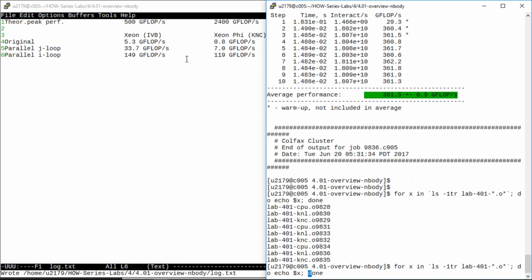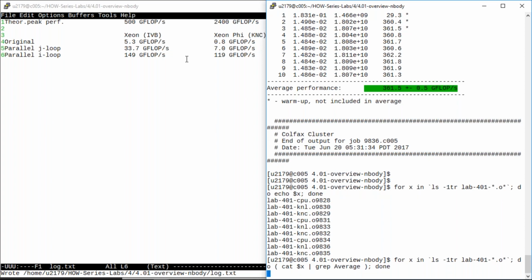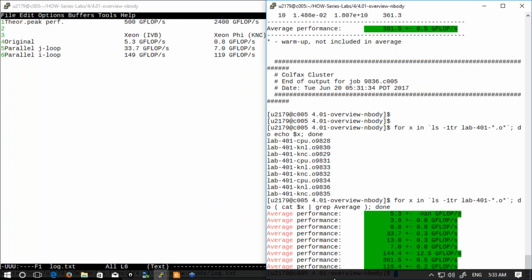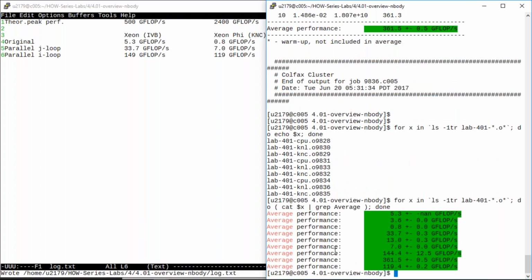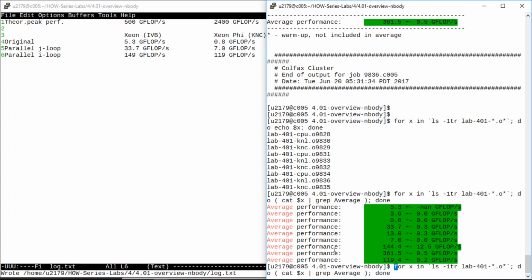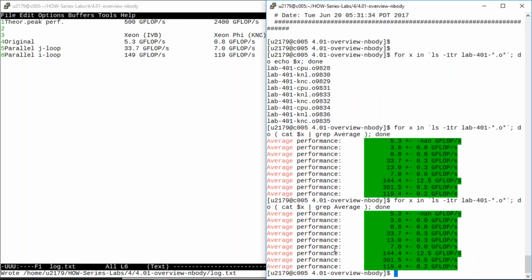Looks right. So I'm just listing the output files, and I'm just going to grep for average. Looks right. Okay, so the last 3 lines are going to be the last 3 performance values.